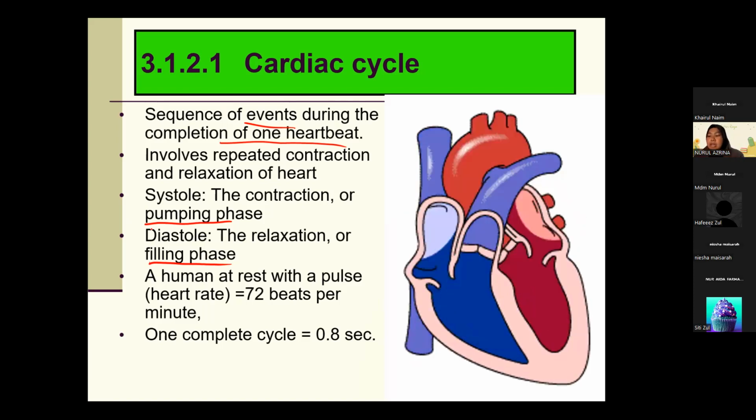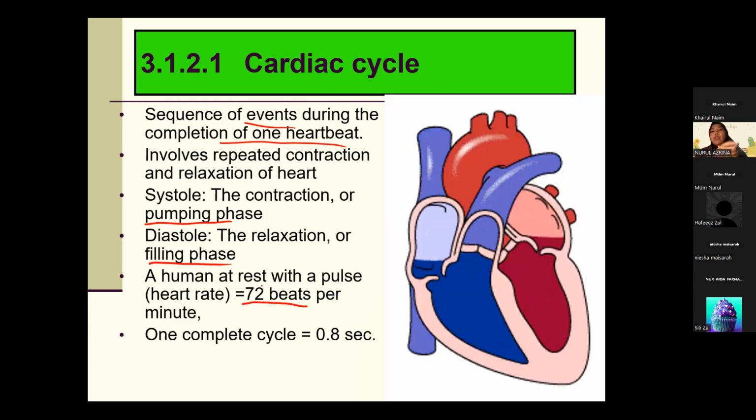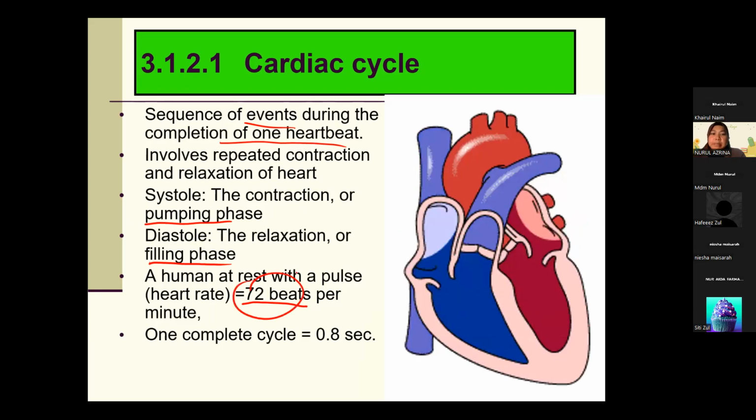Okay, right. So a human at rest with a pulse of 72 beats per minute, right? So contoh kalau kita duduk diam-diam, try to check your pulse in 1 minute. So usually in a normal resting adult, your heartbeat will be around 60 plus to 80. All right, so we use here a rate of 72 beats per minute.